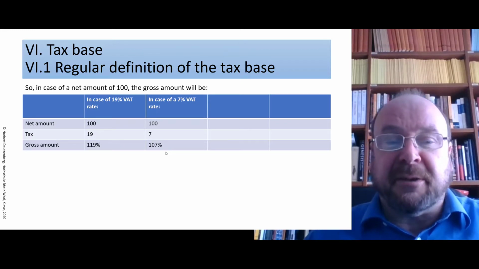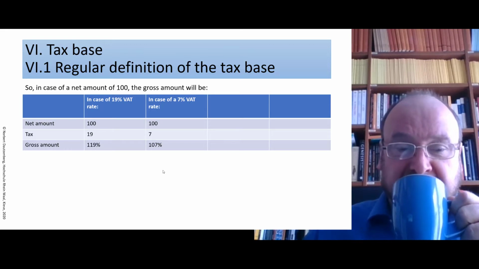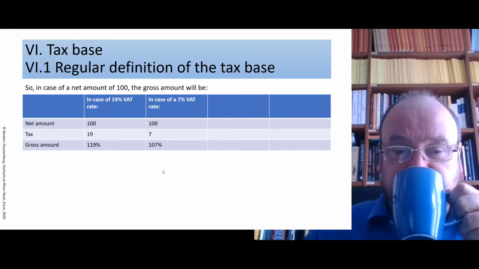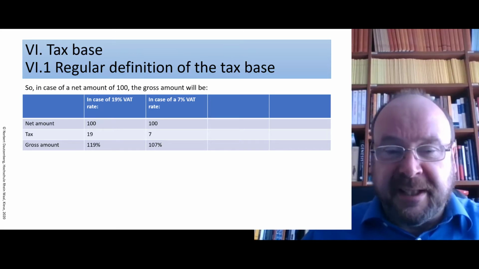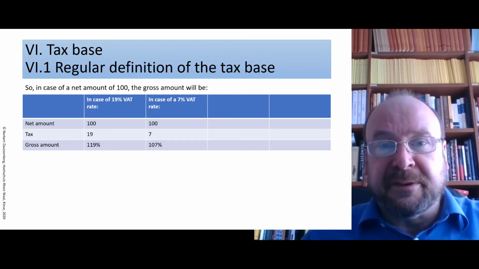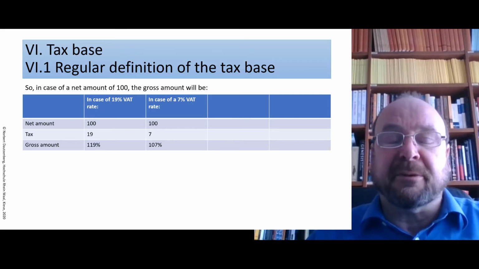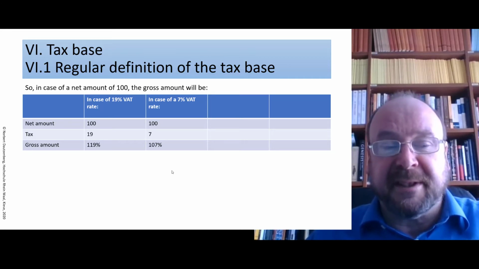So if the net amount is 100, you add 19% on top and end up with 119% of the net price as a gross amount. And in case of the reduced rate, you just start with 100 again, add the 7% and end up with 107% of the net price as gross amount.